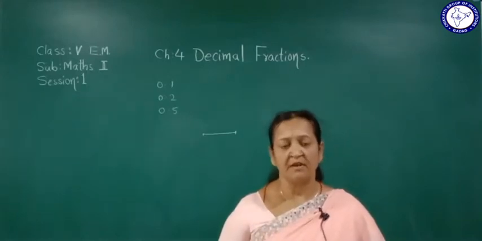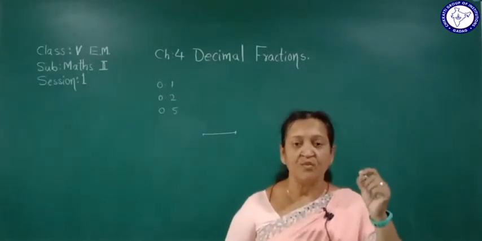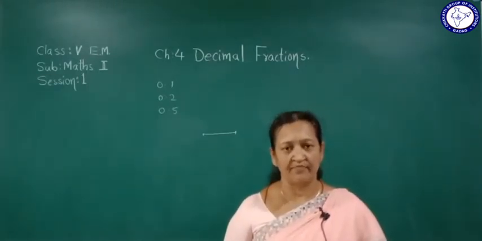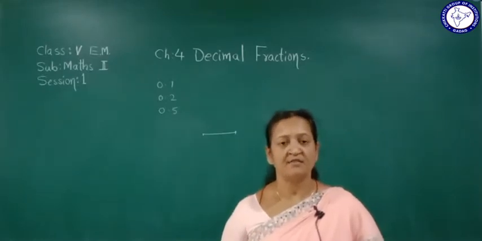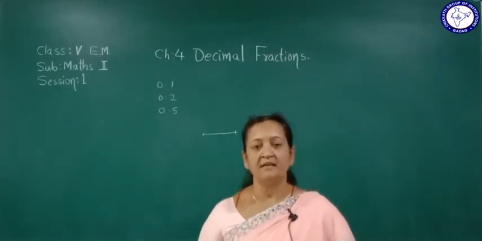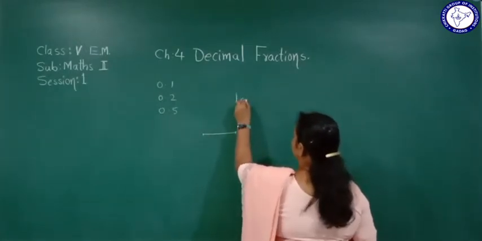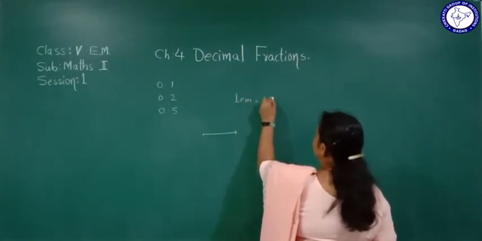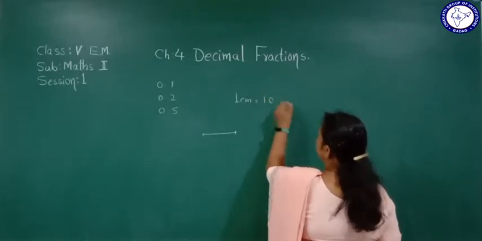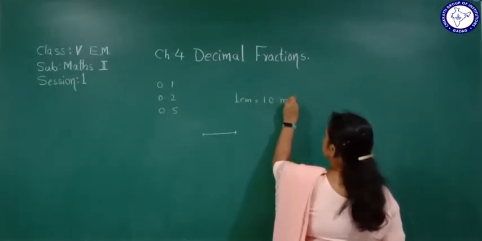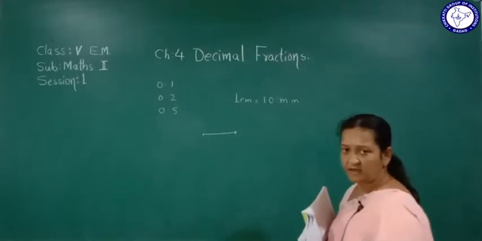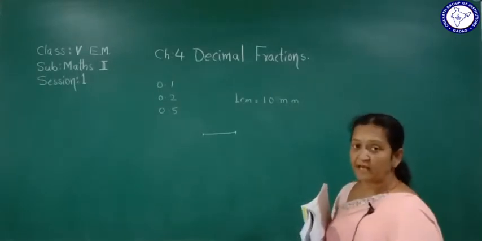In 1 centimeter you will find 10 small parts. So each part is called 1/10 of that centimeter. Here 1 centimeter equals 10 millimeters. In 1 centimeter we find 10 millimeters.